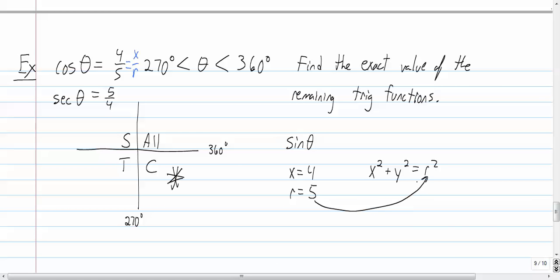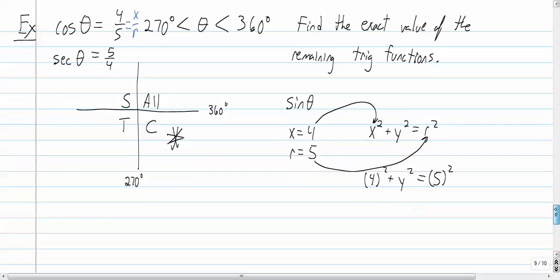So we plug r in, we plug x in, and we have 4 squared plus y squared equals 5 squared. So 16 plus y squared equals 25. So y squared equals 9.